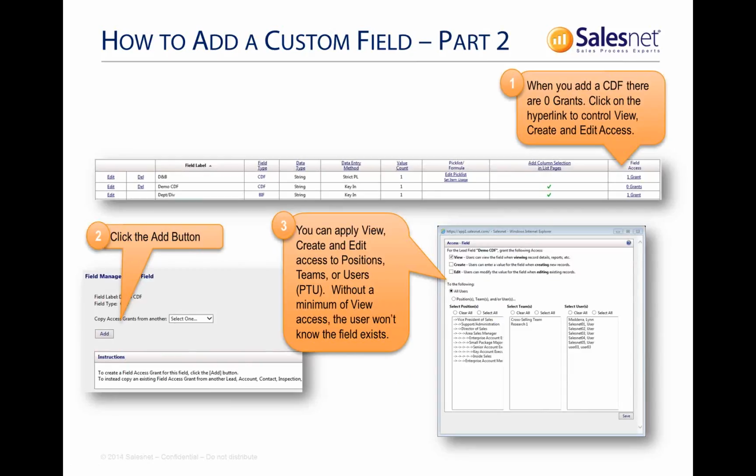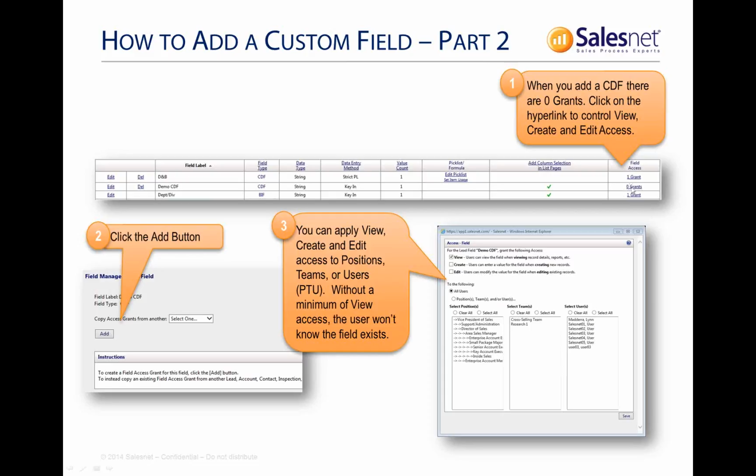The second part that you cannot forget, or your users are going to call and say, I thought you were going to add a field, I don't see it, is that you have to grant access on that field. What you do is you just click on the link, and you can see in this screenshot there's one that says 0 grants.